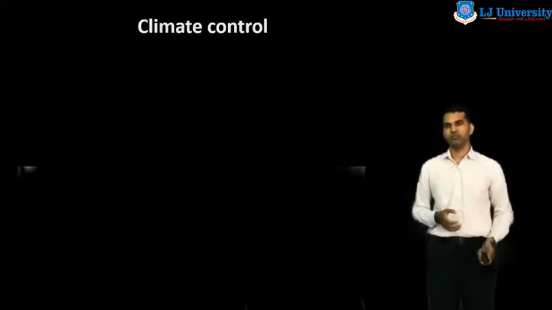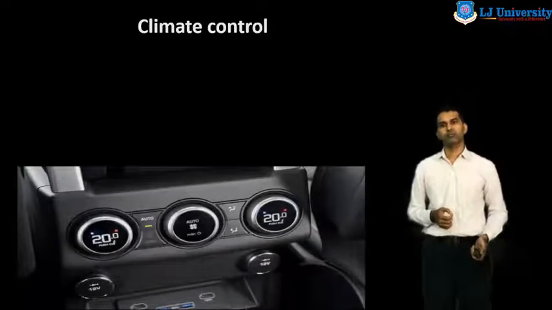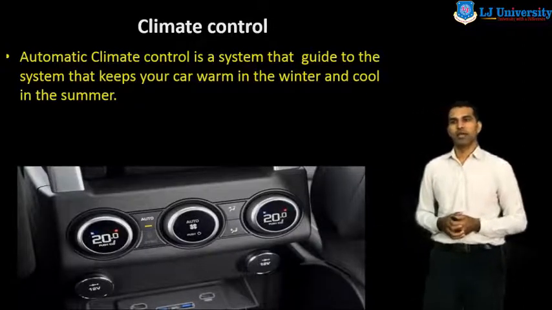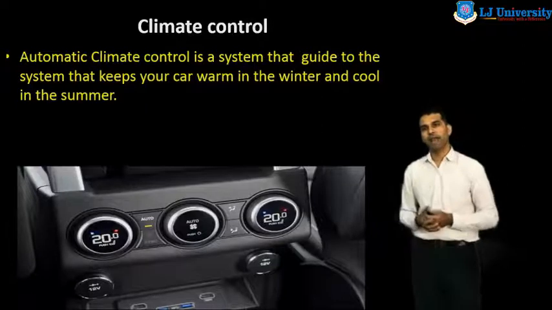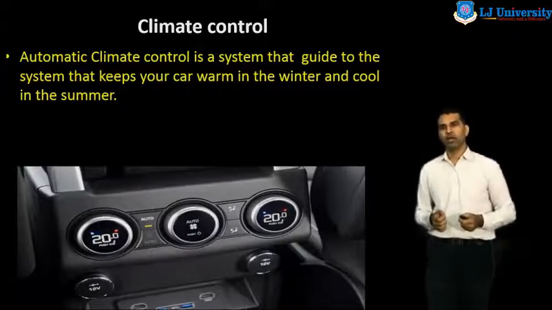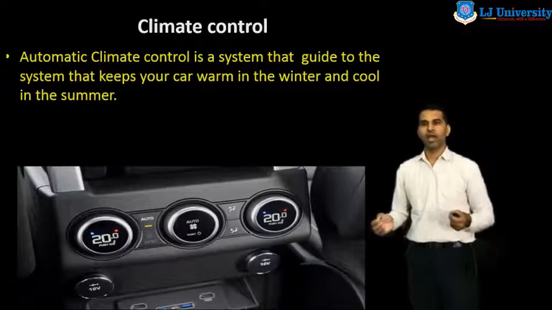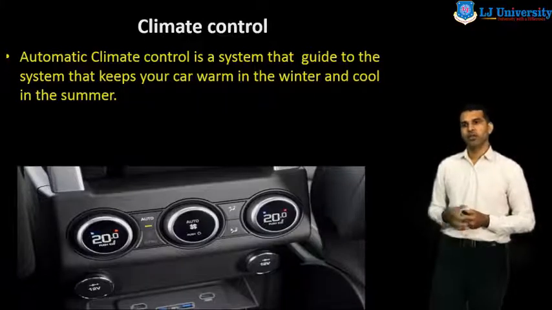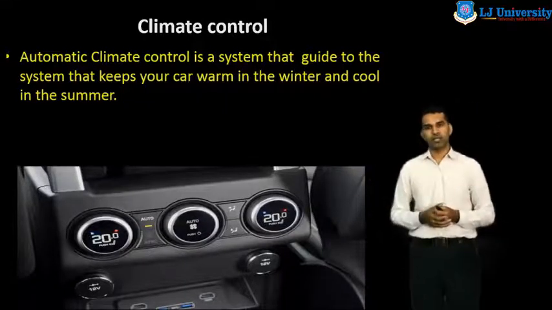Now, the next point is the climate control system. The automatic climate control is a system that keeps your car warm in the winter and cool in the summer. This system works automatically.